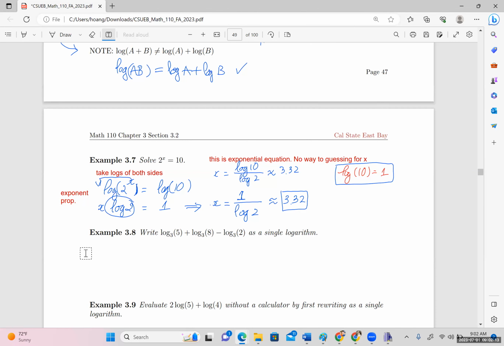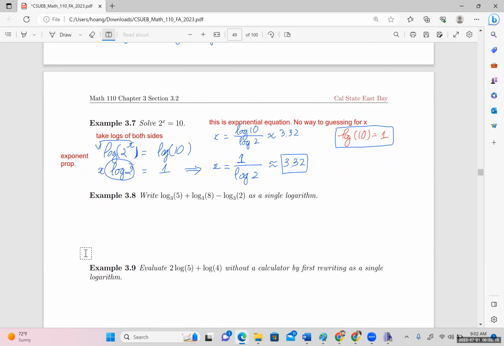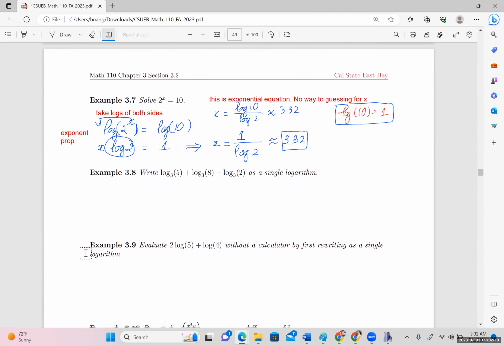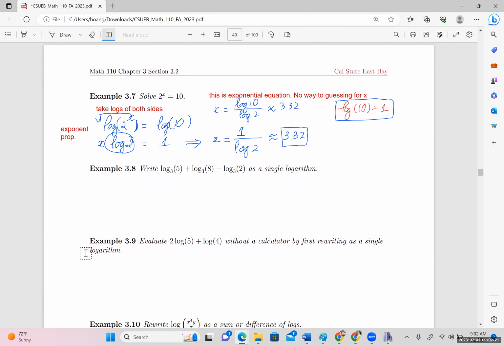Yep. Okay, so now the next problem, I would like to write the log as a single log. Single log means combine. Right?